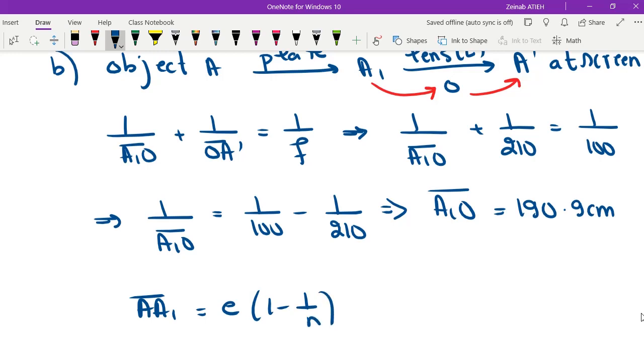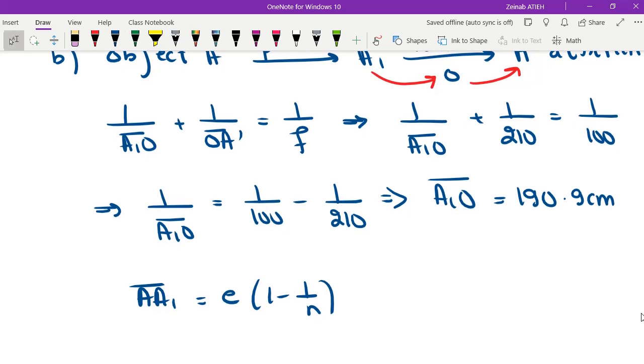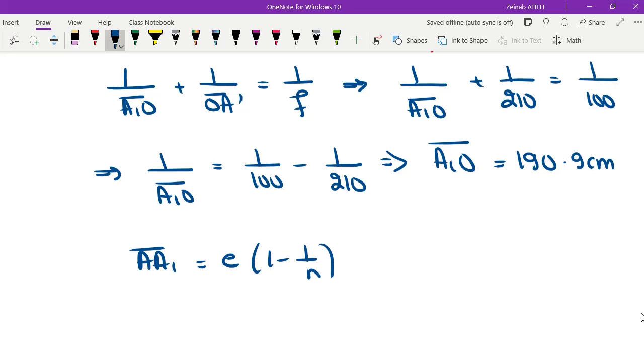Now I have the position of A, I have AO, and I have the position of A1 because A1O equals 190.9 centimeters, but I don't have E. I have AA1 and I have n, the index of the parallel plate, but I have to find E. How to find E? Simply, I have A1 with respect to O and A with respect to O, so we insert O in between. So we get AO plus OA1 equals E into 1 minus 1 over n.